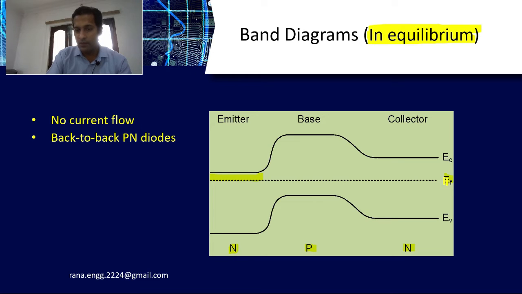When it is P-type, the holes are more, so the Fermi level will be like this. Again on the N side, the Fermi level will be near the EC.